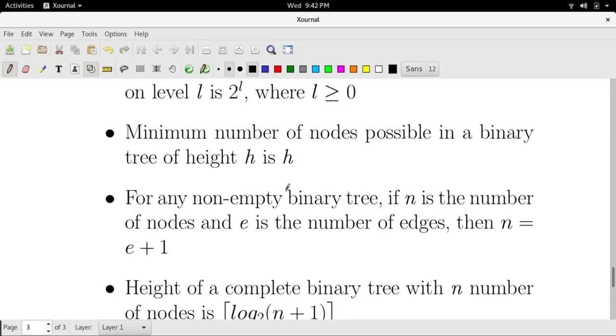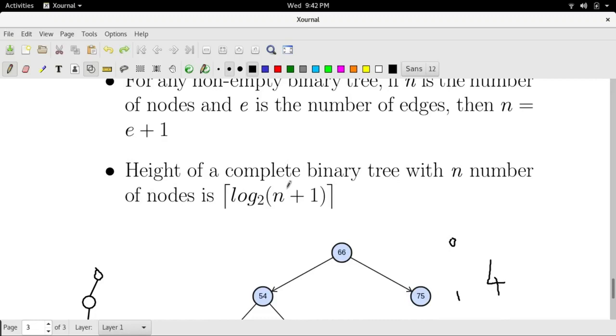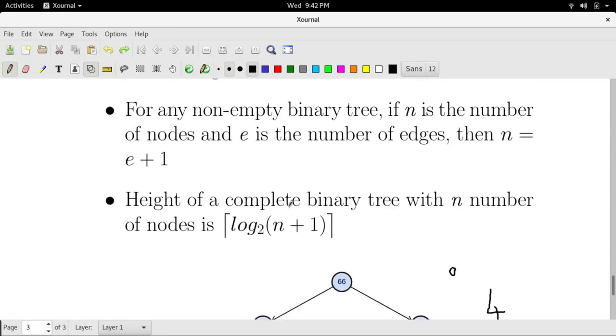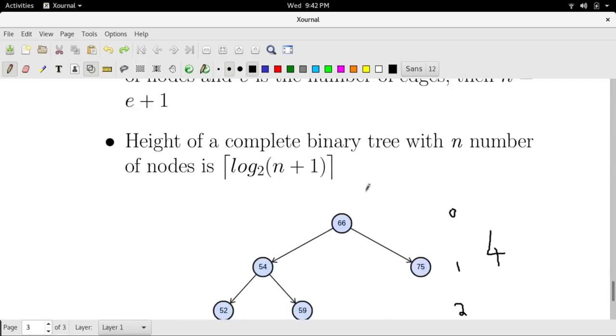Next property is, for any non-empty binary tree, if n is the number of nodes and e is the number of edges, then n equal to e plus 1. Number of nodes equal to number of edges plus 1. If you take 2 nodes, the line that connects these 2 nodes is called the edge.